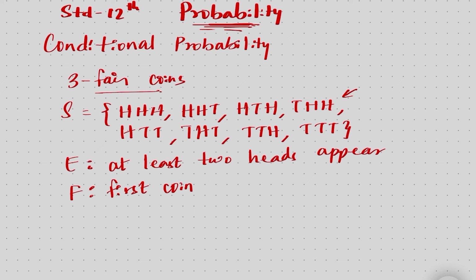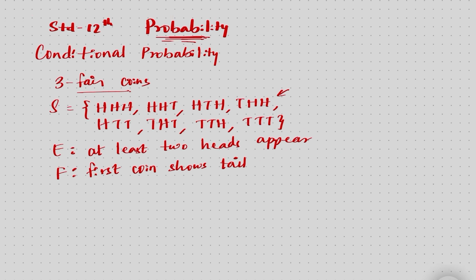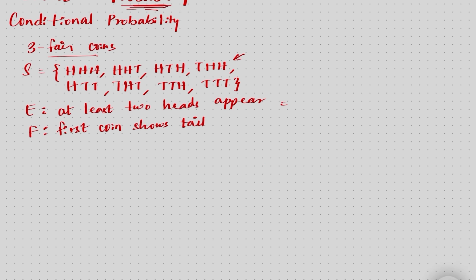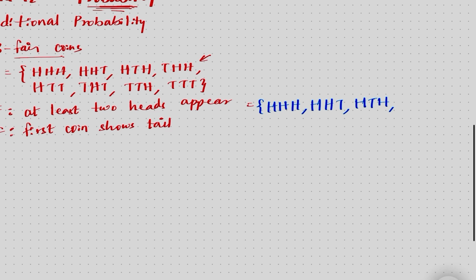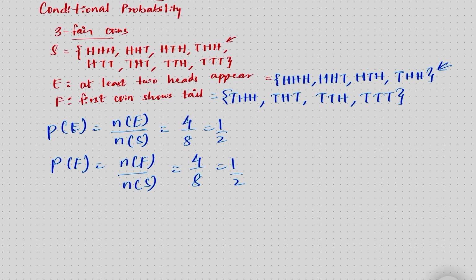So if we are assuming E as event, what is the sample space for E? We have HHH, HHT, HTH, THH.